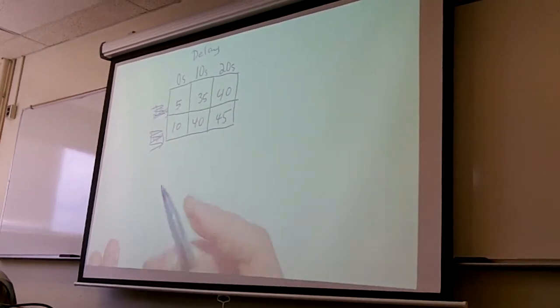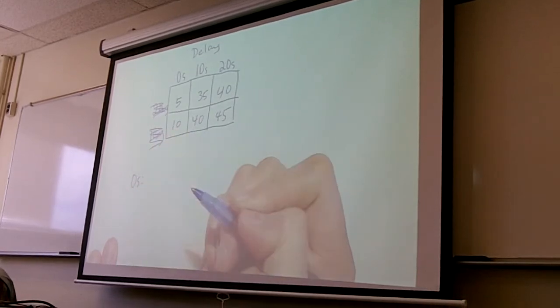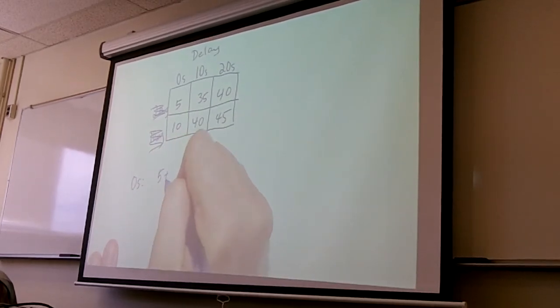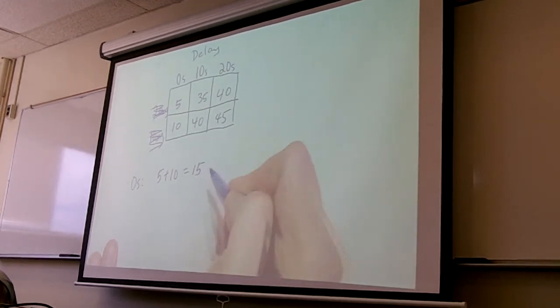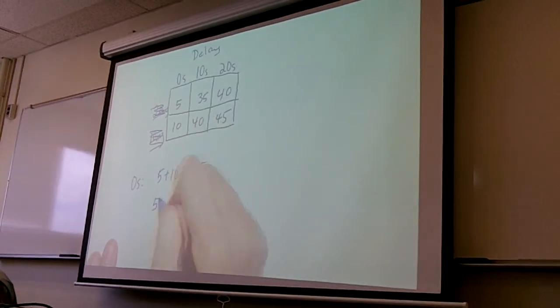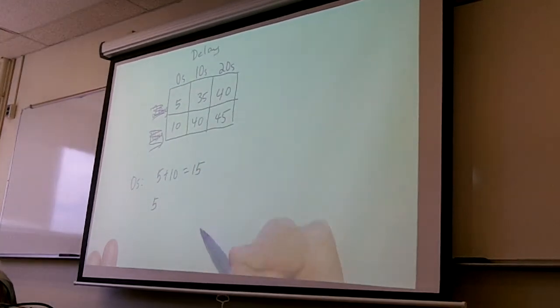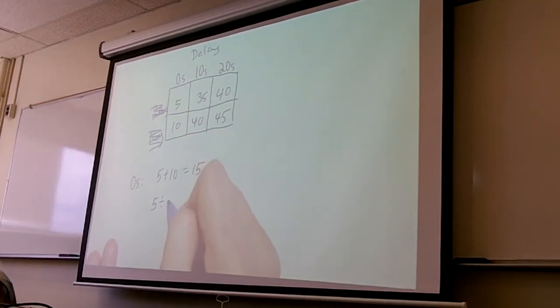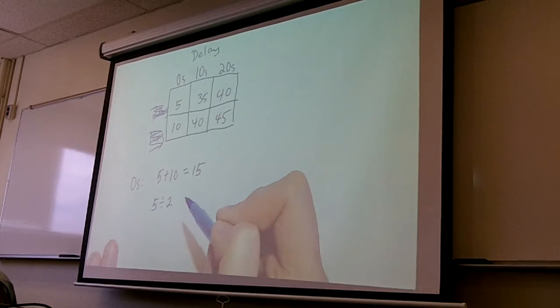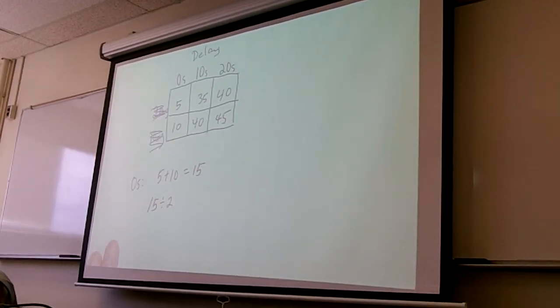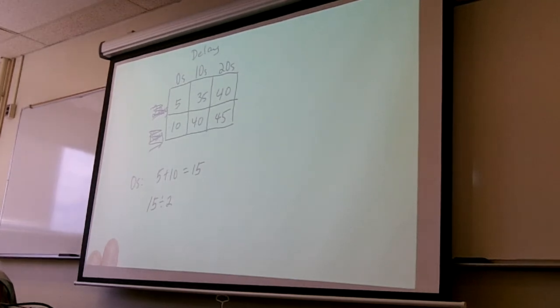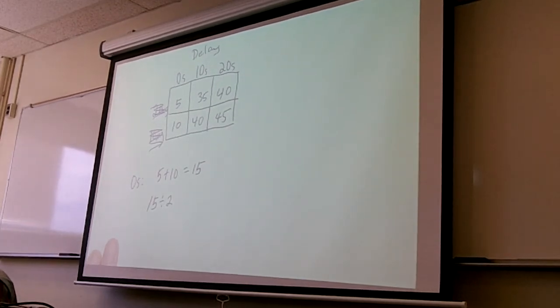For 0 seconds, I'm going to do 5 plus 10, and that equals 15. Then I'm going to take the average. Last time I divided by 3. Should I divide by 3 again? No, divide by 2. And I am not kidding. Every single semester I have somebody who does the averages, and whatever the first one was, they just keep dividing by that amount for the whole rest of the problem.